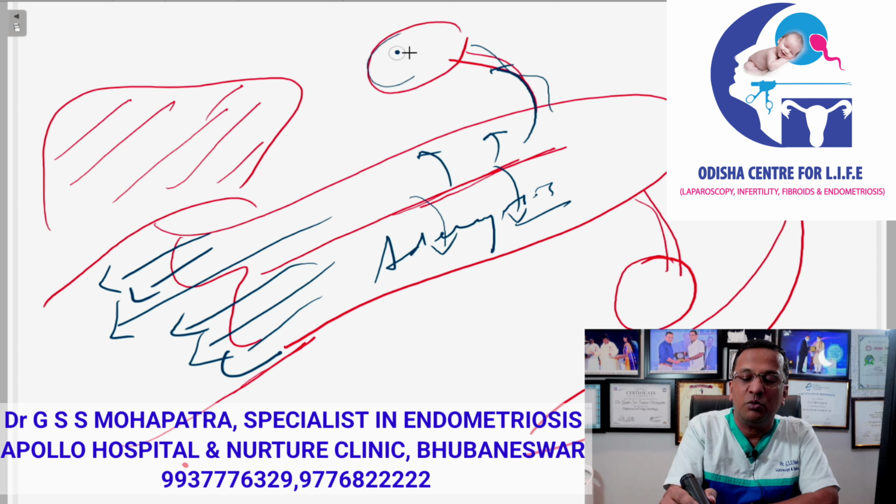So the symptoms of endometriosis basically depend on the way in which the tissue is deposited in the body. For example, what happens in a normal female? The blood comes out of the uterus into the vagina and is shed every time during each period.